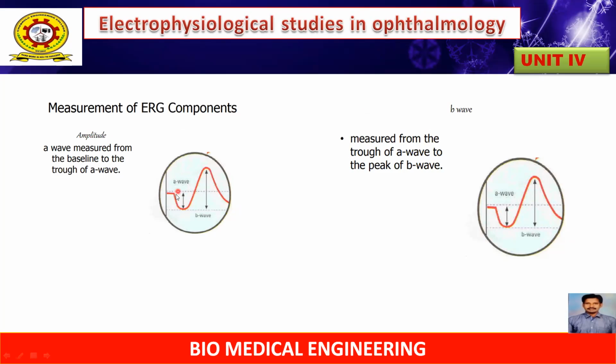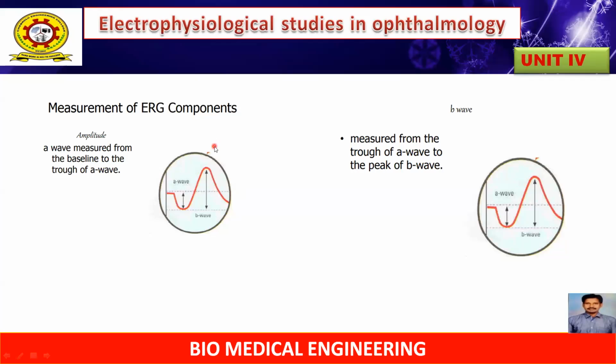In this ERG pattern, the measurement from the baseline to the trough is called the A wave. From here, measured from the trough of the A wave to the maximum peak of the B wave, that will be measured as the B wave.